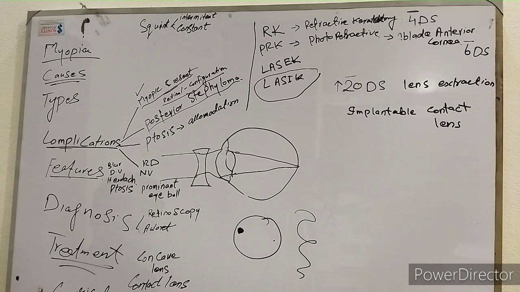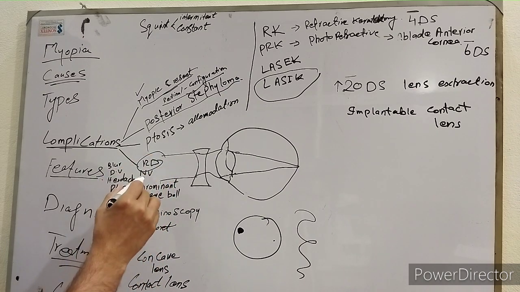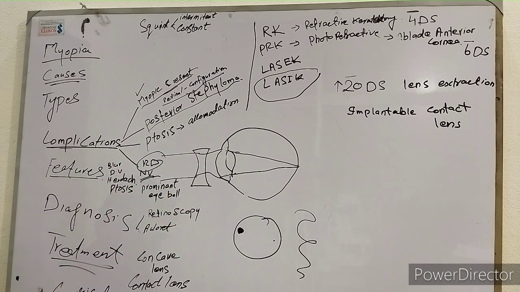And fourth one, there are chances of retinal detachment, RD, and also neovascularization. It may be macular neovascularization, it may be choroidal neovascularization. Yesterday I explained, this is your macula, this is your retina. The membrane which attaches the retina to the macula is called Bruch's membrane.